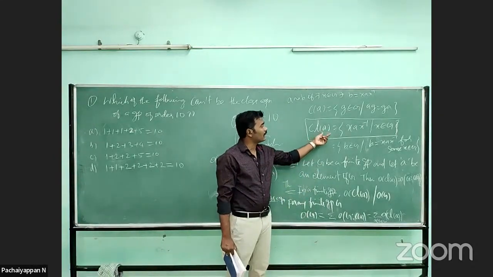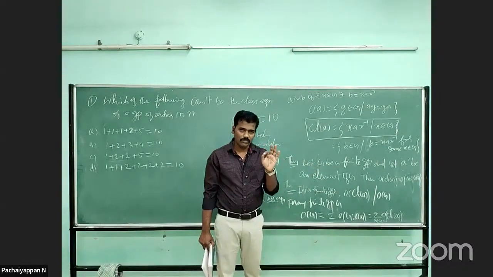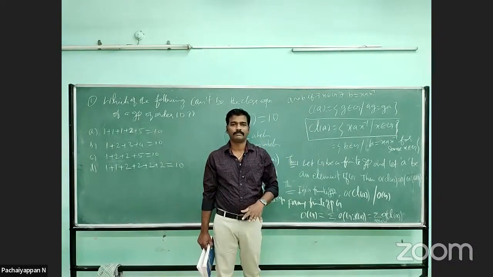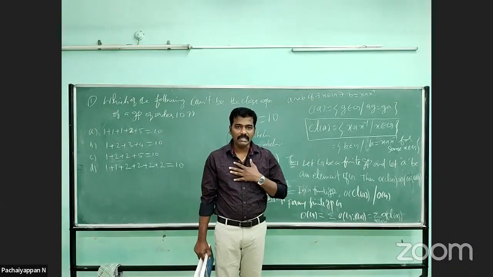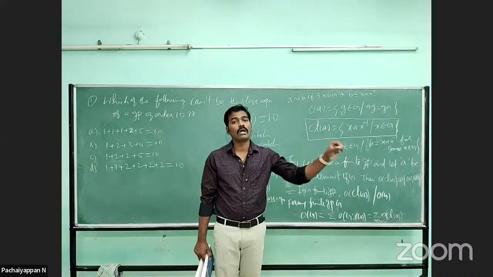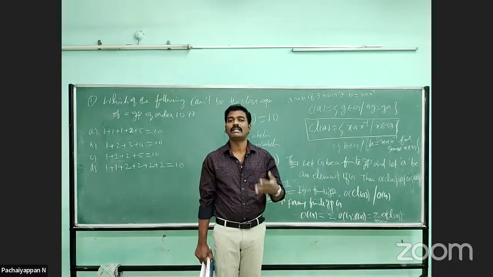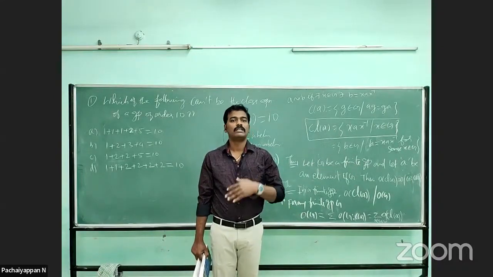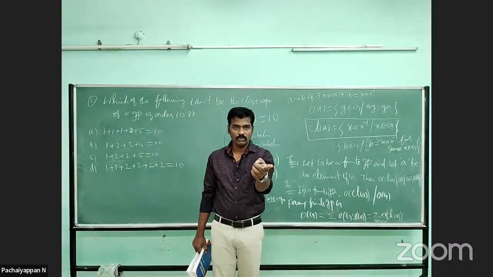So here we are collecting a set of elements. CL of A means the elements which are conjugate to A. Suppose I am here, CL of me is nothing but all who are conjugate with me. I collect all those elements. That is CL of me. CL of you means all who are conjugate with you.